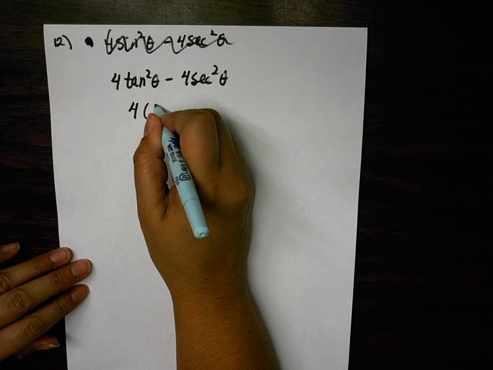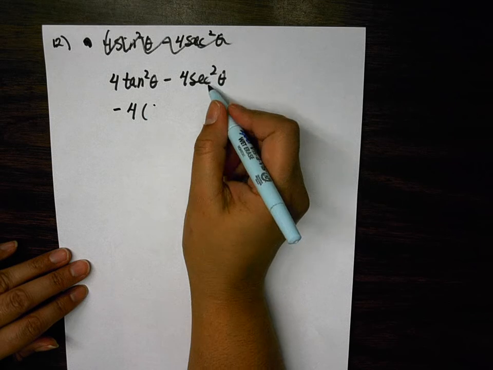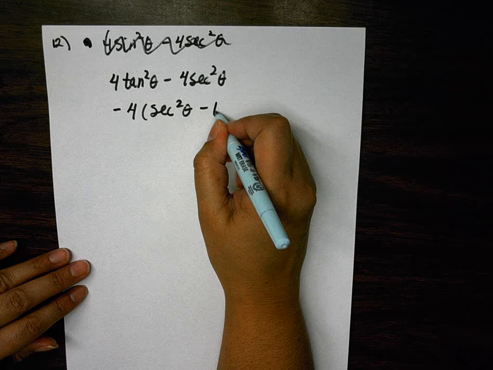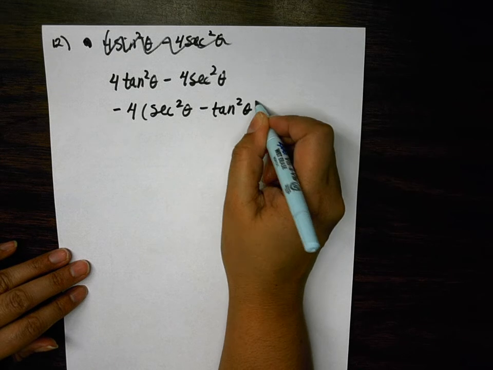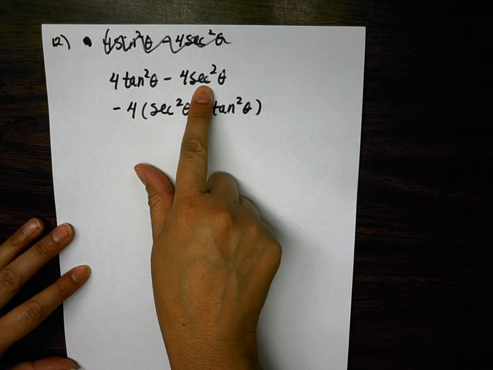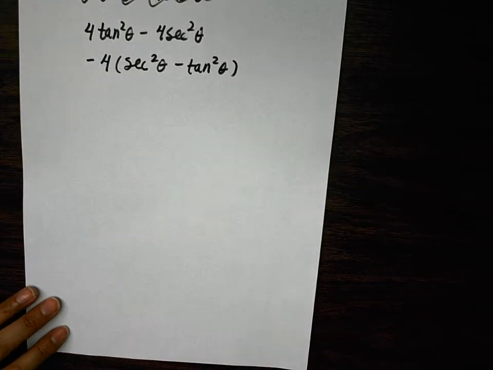Okay, what can I factor out? Did I hear a negative 4? Yeah. Okay, if I factored out a negative 4, that would give me positive secant squared and then minus tangent squared. Do you guys agree? If I take out a negative 4, that negative secant becomes positive and positive tangent becomes negative.